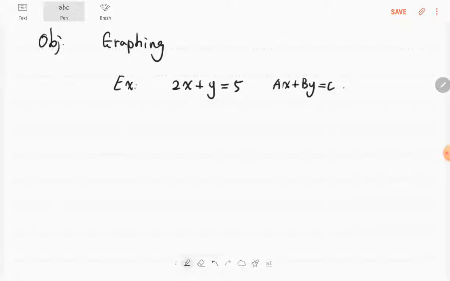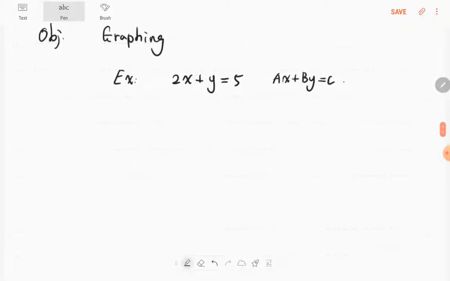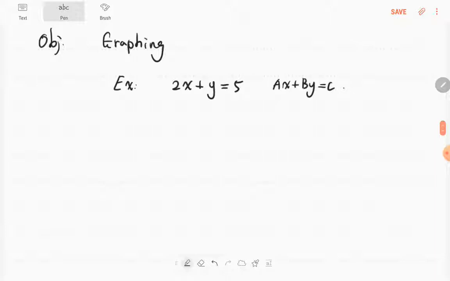If it's a linear equation, we can try to find three ordered-pair solutions for it, right? So we can choose any number you want for x, then solve for y. Or you can choose any number you like for y, then solve for x.